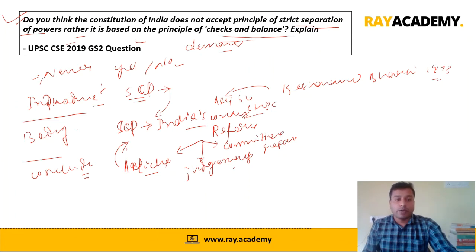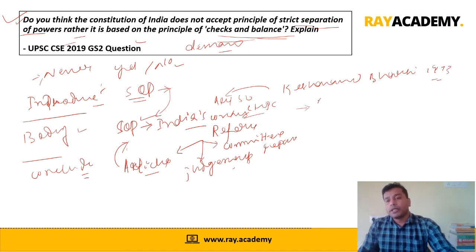Now, in the body part, as I told, please write down how this separation of power is linked to India. Then you write down about the checks and balance. I have already explained to you the Karnataka versus State of Tamil Nadu 1996 case, and moreover, based on the checks and balance, there are a couple of more points which I want to cover.